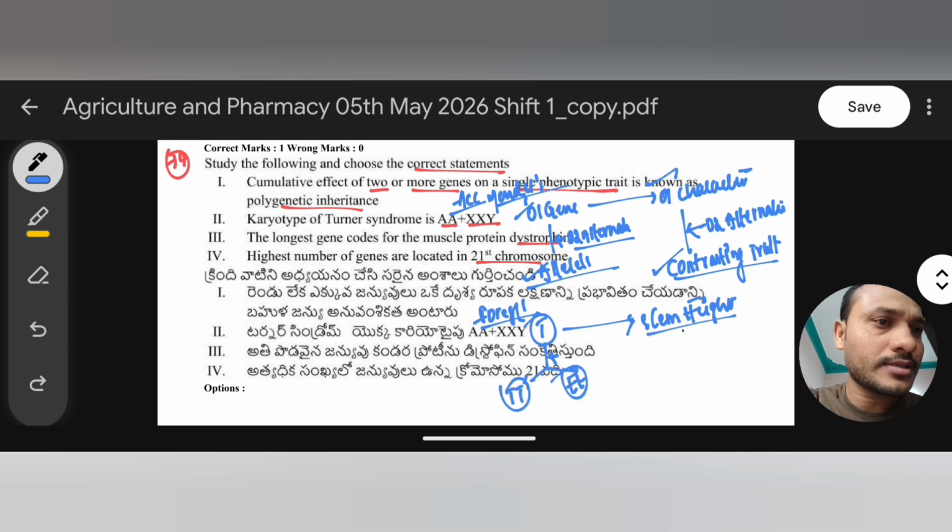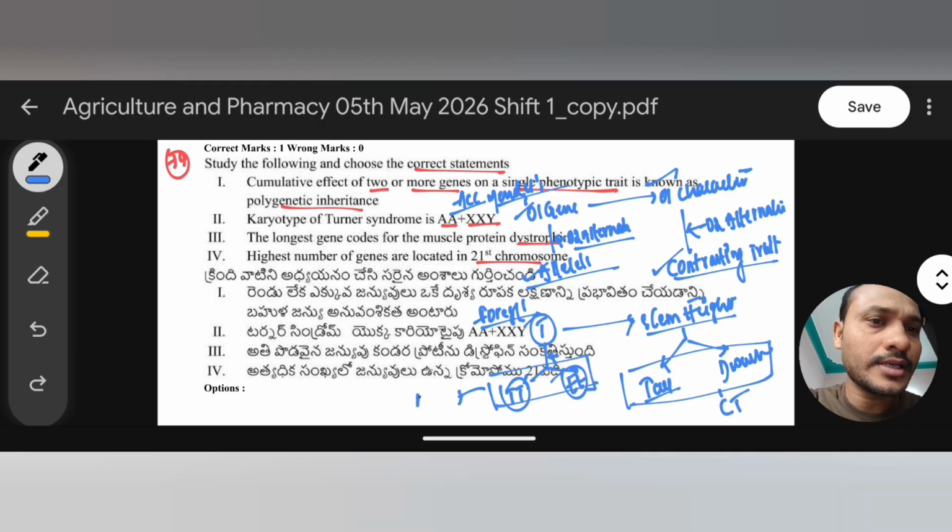Stem height has only two alternatives, called traits: tall trait or dwarf trait. So tall and dwarf represent contrasting traits. Capital T and small t represent alleles. The single T represents the gene, and stem height represents the character. So Mendel said every gene expresses only one character and has two alternative forms called alleles, and every character has two alternatives called contrasting traits.